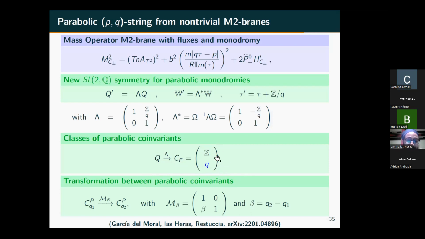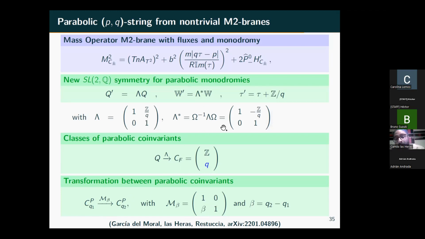So equivalence classes, the coinvariant classes, are given by different q's, okay? So this transformation maps q onto the coinvariant, okay? Moreover, we have found a transformation between different parabolic coinvariants, which, as I showed you before, are classified only by the integer q, okay? And in this case, the transformation is also given by a parabolic matrix.